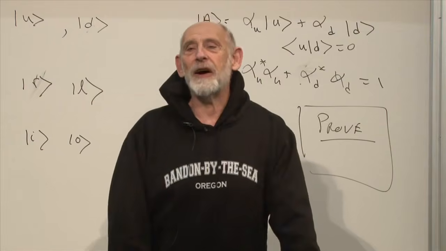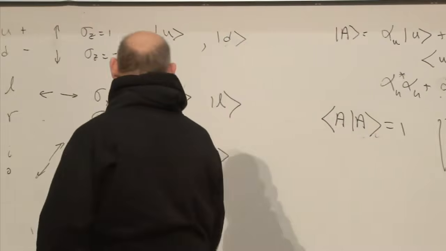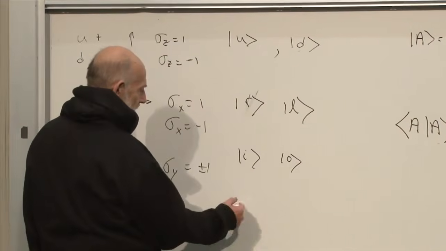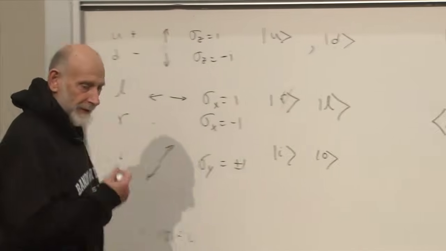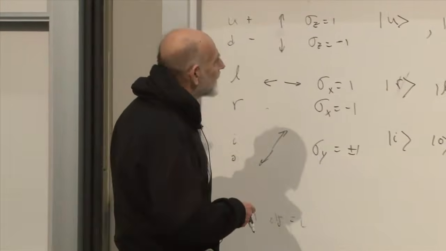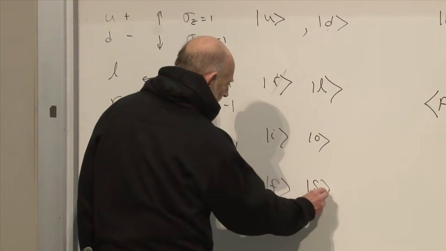Could we find another double? Let's call it big and little. No, we already used little, L. Fat and skinny, yeah. Fat and skinny.